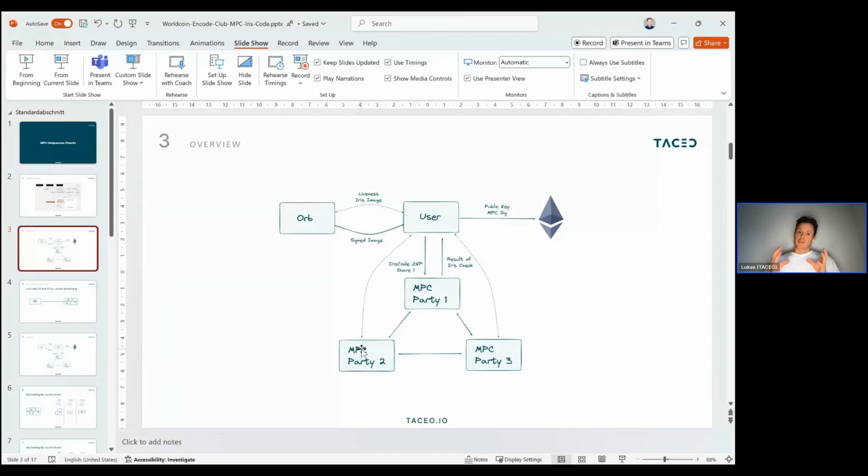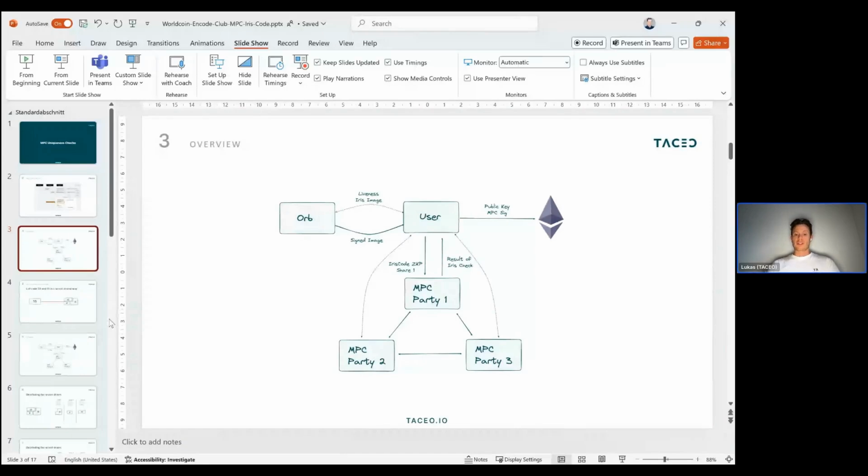But still, with the magic of MPC, which is a similar subfield to ZK in cryptography, you're able to compute the necessary check, which technically is a Hamming distance check of the new iris code to each of the iris codes that are already in the database, by performing an interactive protocol between these three parties. Once this is done and you get a go, the result is sent back to the user, and the user can then submit it to the Ethereum ecosystem for a sequencer, and then you will get the World ID in the end.